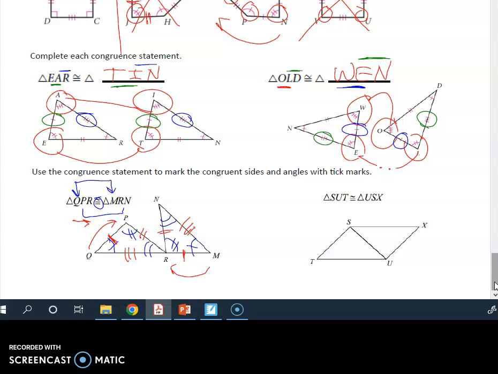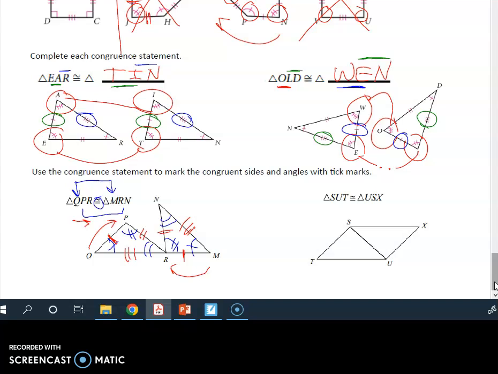So think about it again: in most cases, if I go clockwise around the shape, make sure that they are getting marked the same way as you go around the shape. So QP and MR, the first two letters, PR and RN, the last two letters, should be marked the same as well, which they are with the double tick marks.